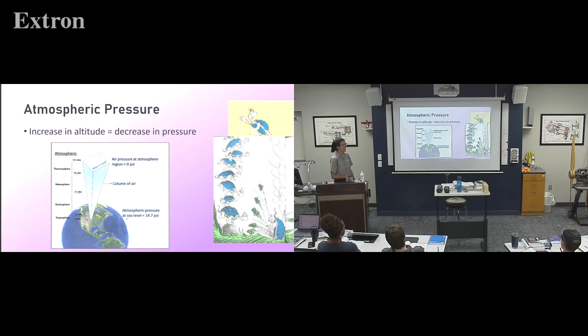But if you take a 1-inch square column of air and you start at sea level and you go up in the atmosphere, it will weigh 14.7 pounds per square inch. I mentioned this, I believe, yesterday. 14.7 pounds per square inch is how much air pressure is pushing down on you.